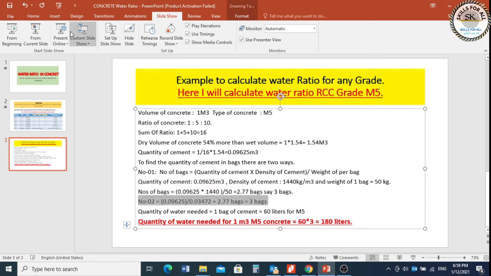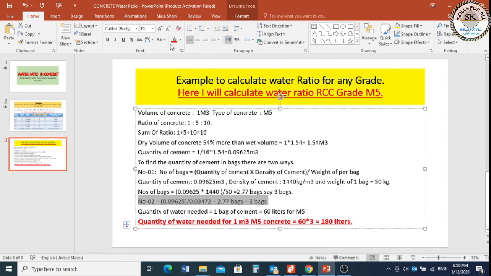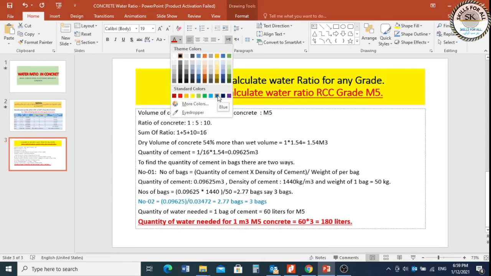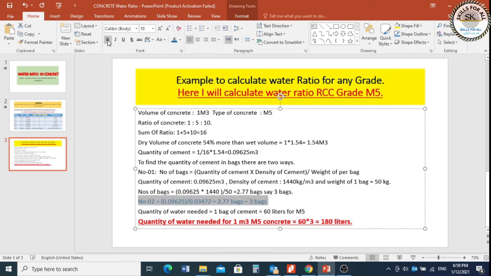Now the question is, where are we getting this 0.03472 from? I'll explain it here.